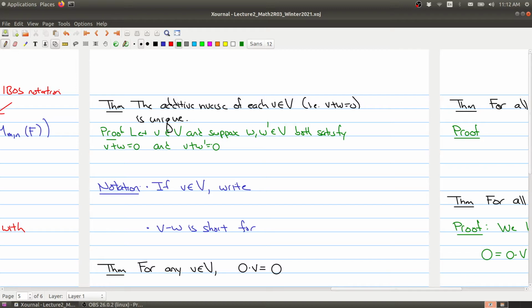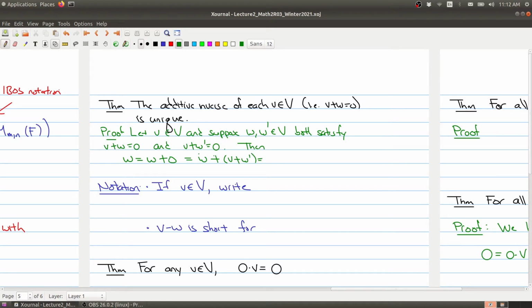So w and w prime are additive inverses. Well, then what can we say from there? We know that w, which is the same thing as w plus 0, is the same thing as w plus, and now look right here, we can rewrite 0 as v plus w prime.